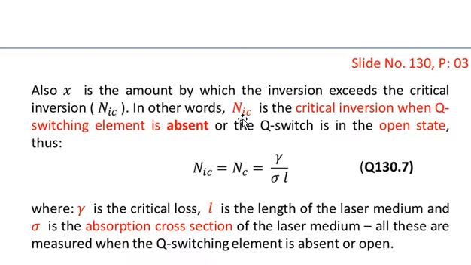In other words, NIC is the critical inversion when the Q switching element is absent. In one of the previous slides we discussed that the critical inversion can have two values, one in the presence of the Q switch and the other in the absence of the Q switch. Here we are defining NIC as the critical inversion when the Q switching element is absent, or the Q switch is in the open state.